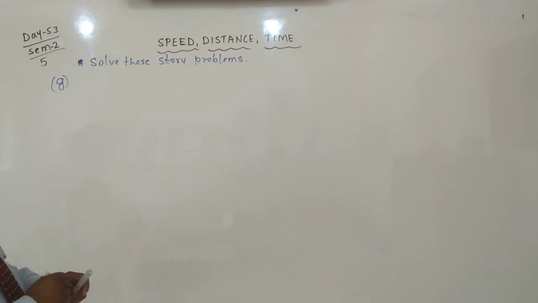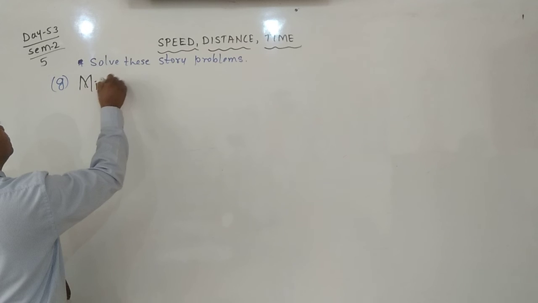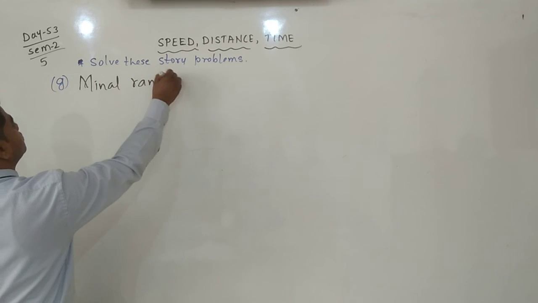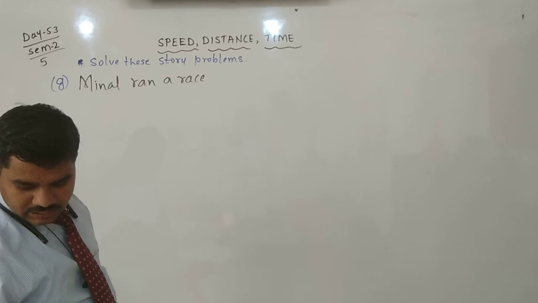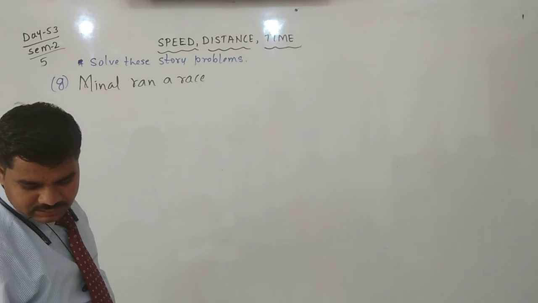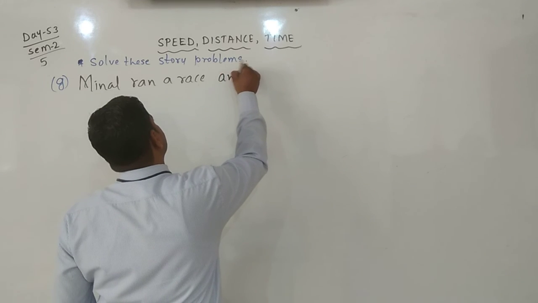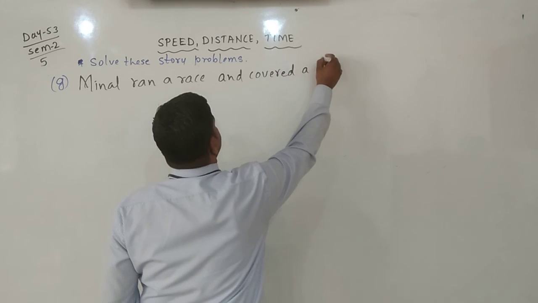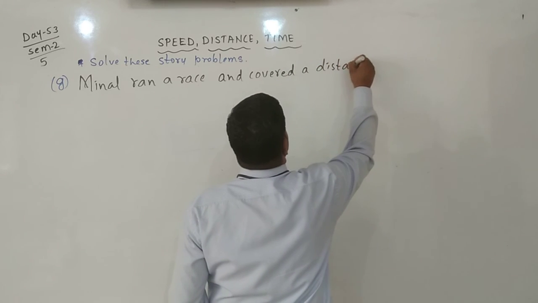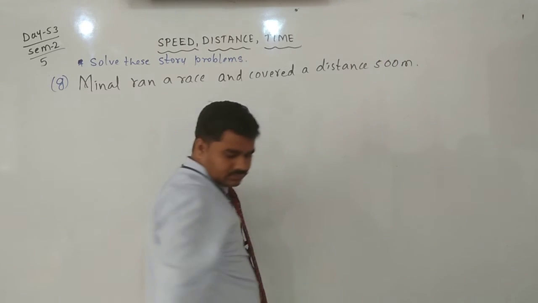Minard ran a race and covered a distance of 500 meters.